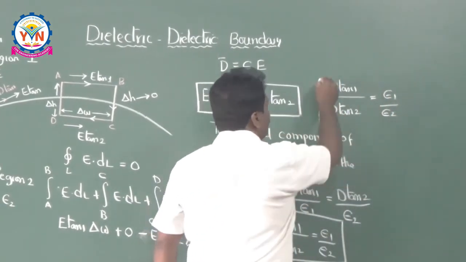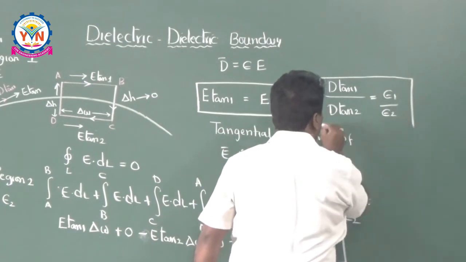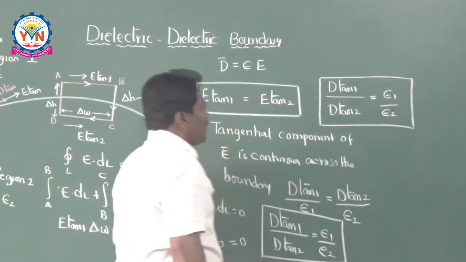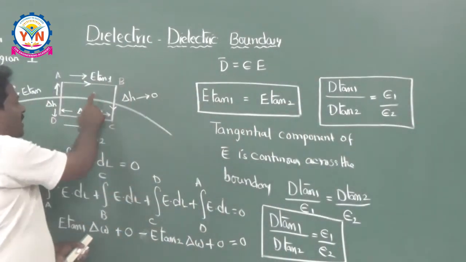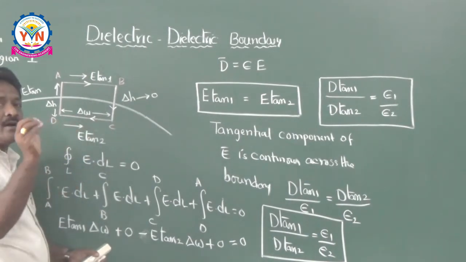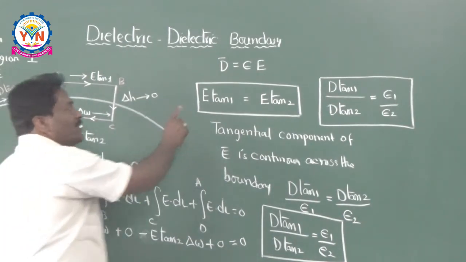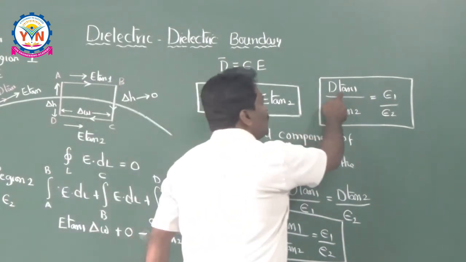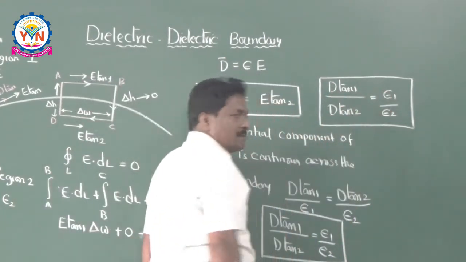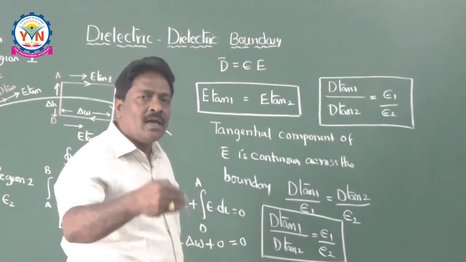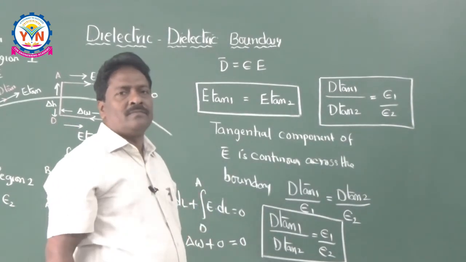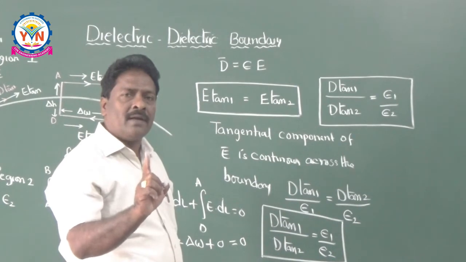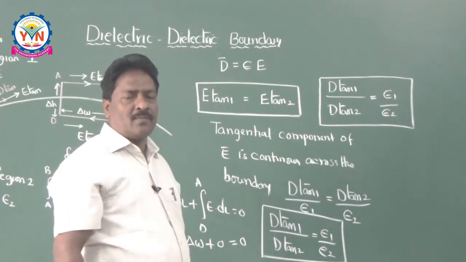So if you see these two things at a time, for the dielectric to dielectric interface, you can give a conclusion that tangential component of E is continuous, tangential component of D is discontinuous. Discontinuous by how much amount? Epsilon 1 by epsilon 2. So one is continuous component, other one is discontinuous component.